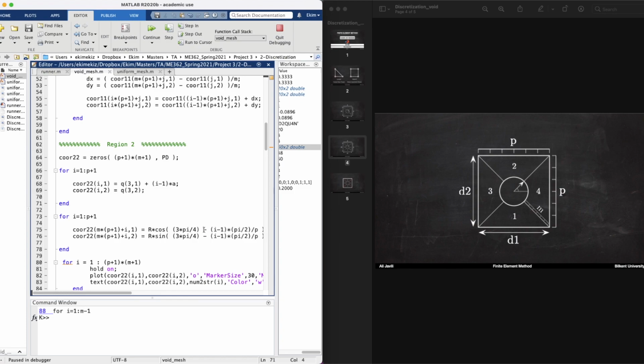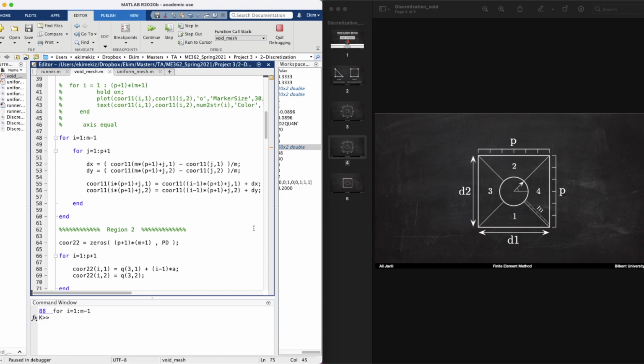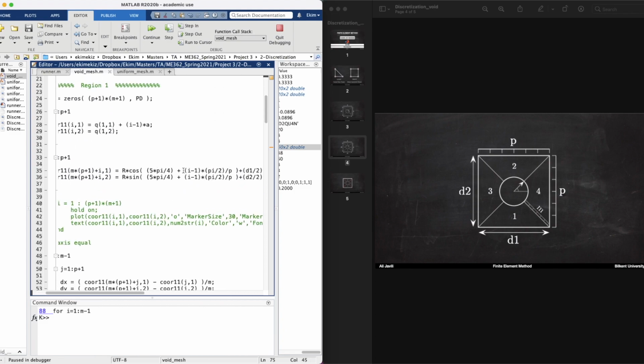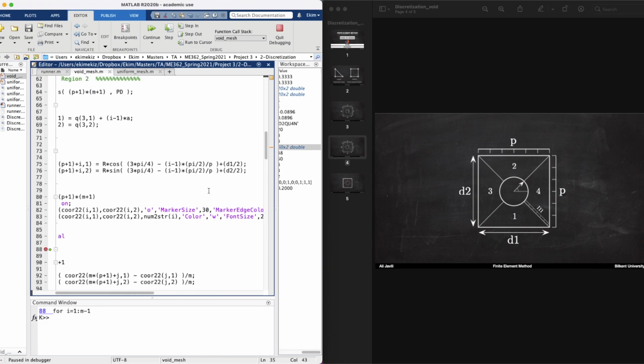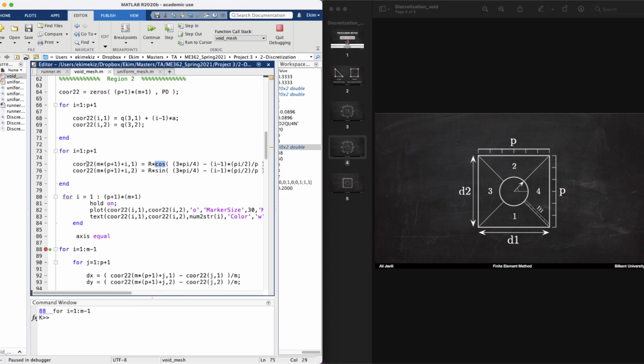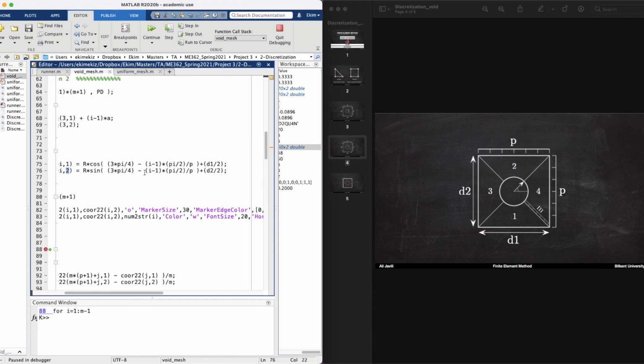So minus i minus 1 times pi over 2 over p. So it's just what we had, but now we have a minus sign. And then again, it's cosine for our x coordinate and sine for our y coordinate.